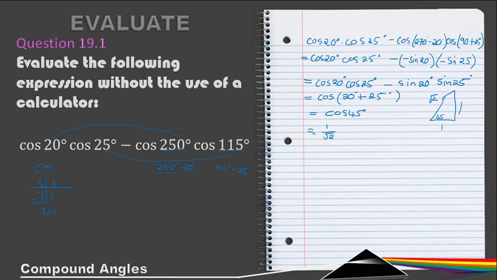Now this is the answer, but normally we don't leave our answer with the surd in the denominator. We have to rationalize the denominator. To do that, we can simply multiply top and bottom by square root of 2 over 2, and this will simply give us square root of 2 over 2.